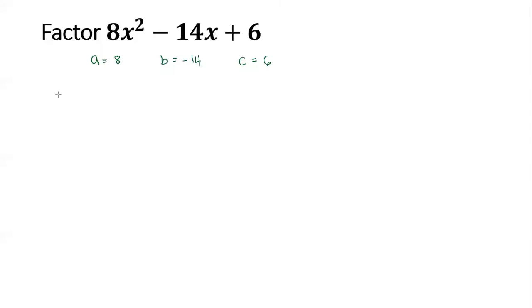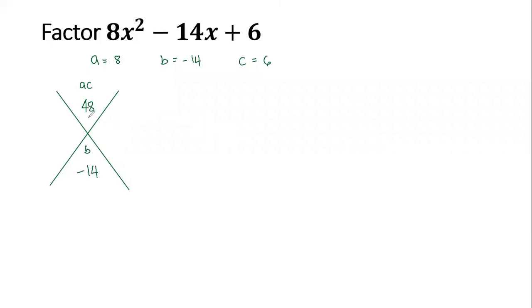Next, let's draw the X, the big X. And then we determine the product of AC. So what is 8 times 6? So that would be equal to 48. And the opposite side would be the value of B, which is equal to negative 14.